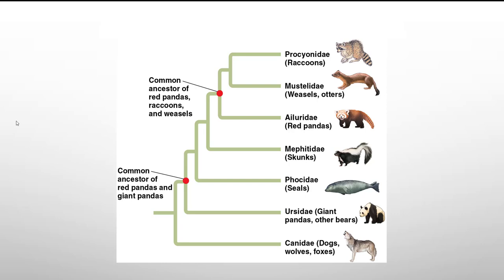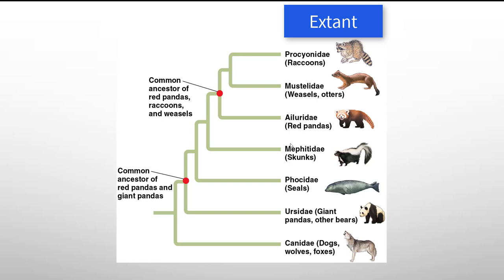So here is a phylogeny of some of our common mammals of today. You can see these are the families of different mammals. Procyonidae, those are the raccoons, Mustelidae, the weasels, the otters, and so forth. Anything to the right here are existing species, or in this case, families of species.